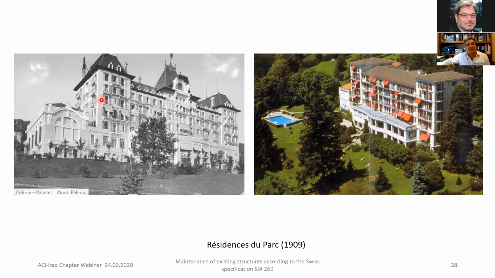This is the original building, as it was built as a hotel. It was among 9 hotels constructed during the same period of time, because of the English tourists who came to Switzerland at the end of the 19th century, beginning of the 20th century.